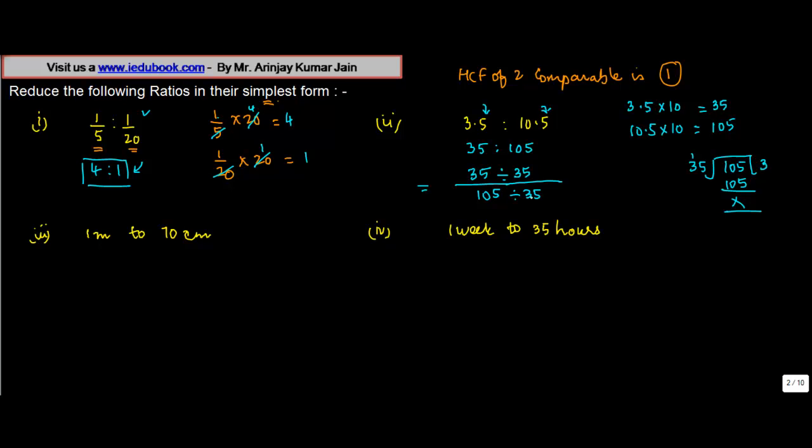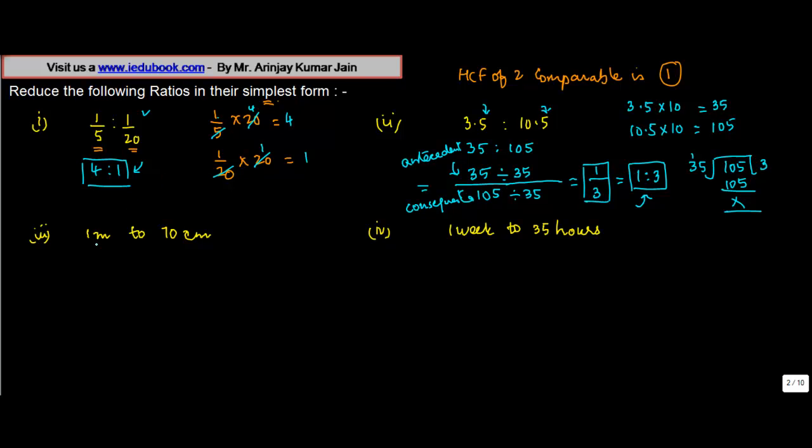Since we are dividing both the numerator and the denominator by 35, this first term is also known as antecedent, just in case you are using it, and the second term is known as consequent. So 35 divided by 35 gives you 1, 105 divided by 35 gives you 3. So 1 upon 3 or 1 is to 3. Again, as I said, given that one of the ratios is 1, it cannot be reduced any further.